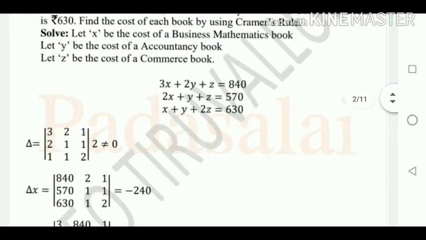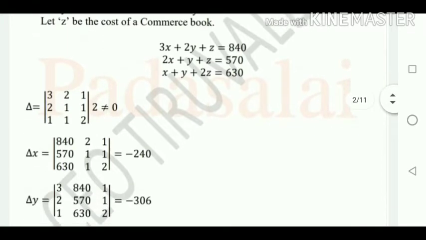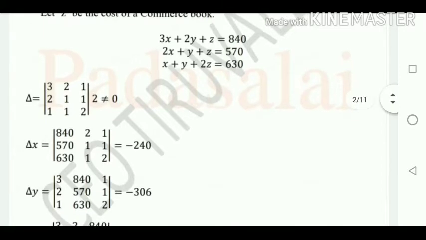So here, as I already said, x is the cost of a business mathematics book, y is the cost of an accountancy book, and z is the cost of a commerce book. We are getting 3 equations: 3x plus 2y plus z equal to 840, 2x plus y plus z equal to 570, and x plus y plus 2z equal to 630. Now convert these equations into matrix form by taking the coefficients of the variables x, y, z respectively.